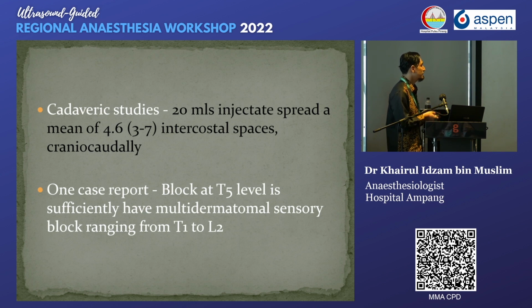In cadaveric studies, like I mentioned just now, 20 mL injected spread a mean of 4.6 intercostal spaces craniocaudally. In one case report, they blocked at the T5 level, and it was sufficient to have a multi-dermatomal sensory block ranging from T1 to L2.